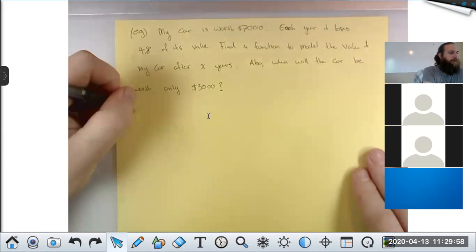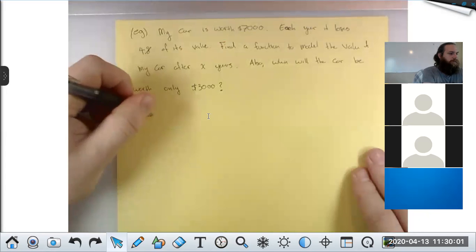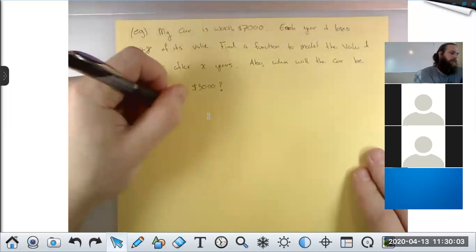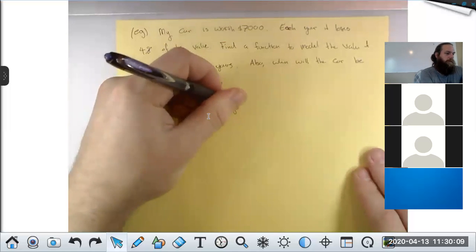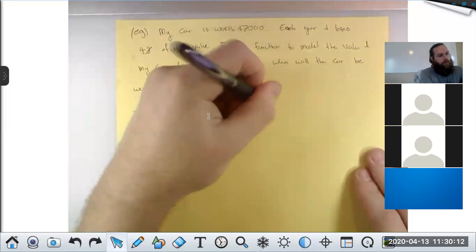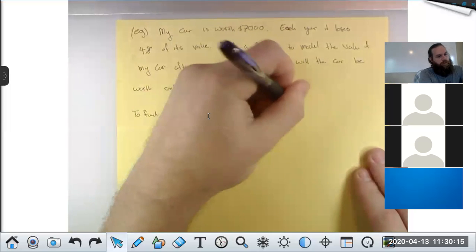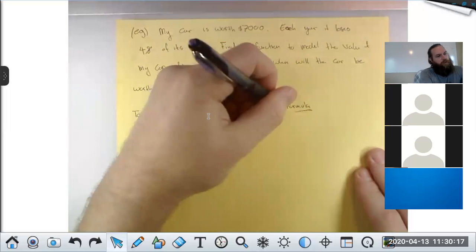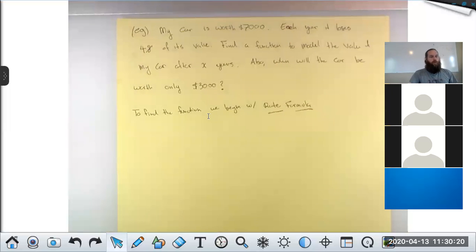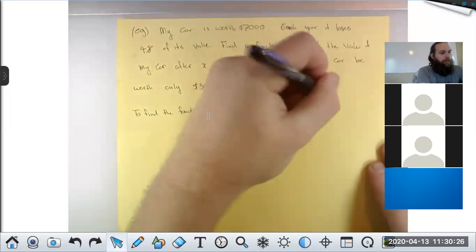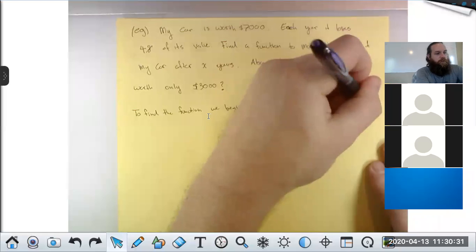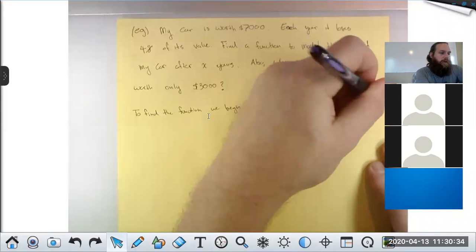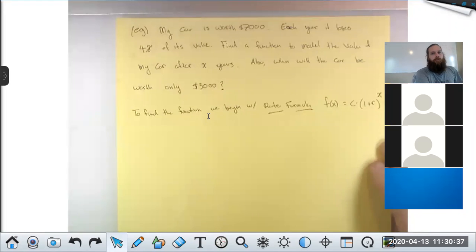The formula I need to find the model, to find the function, we begin with the rate formula. Remember, if I have some quantity that is growing or decaying at rate r units per year, or r units per unit of time, then it will follow this formula. f of x equals c, which is your initial value, times (1 plus r) to the x.